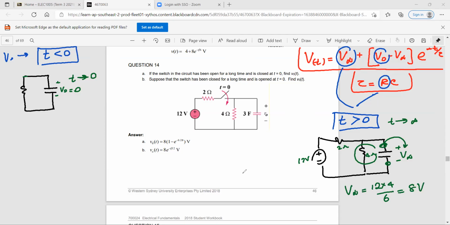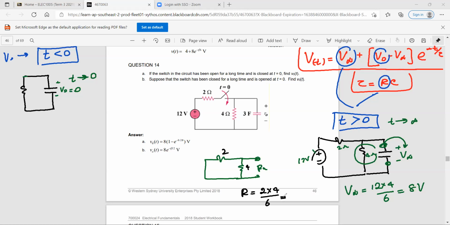And what is RTH? You switch off the voltage source, so your circuit will look like this. So it's just 6. So 2 and 4 are in parallel. So R is equal to 2 times 4 divided by 6.